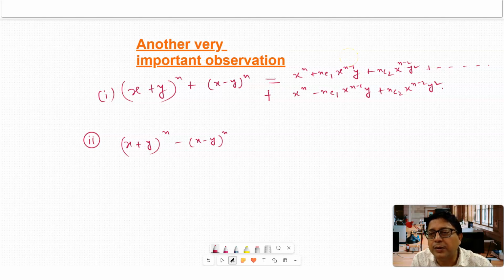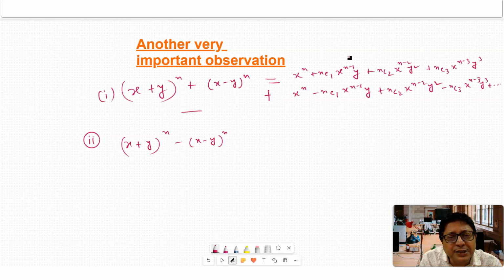Okay, write one more term, minus nC3 x to the power n minus 3 y cube, plus this way. And here also you can write the next term only, that is nC3; I am not writing the general term.